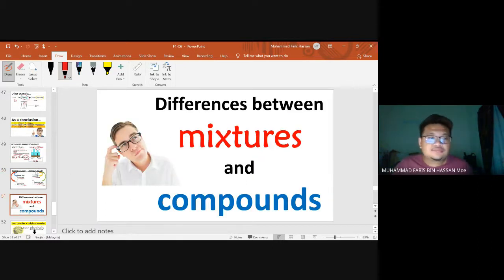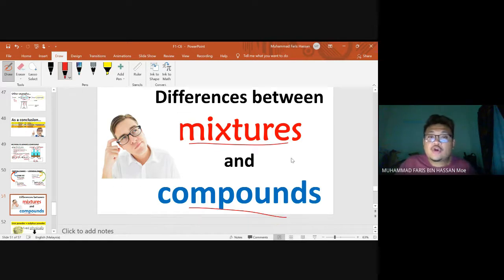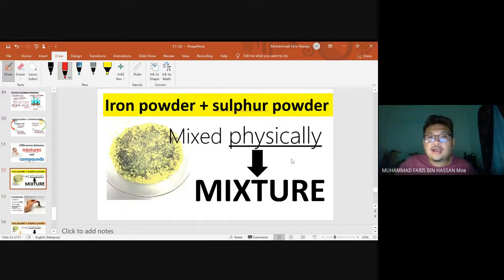Okay. And then what is the difference between mixtures and compounds? We already learned about mixtures in the previous class, and today we learn about compounds. So what is the difference between mixtures and compounds? As you can see here, iron powder and sulfur powder are just mixed physically.